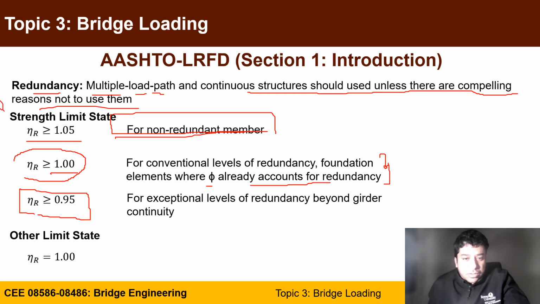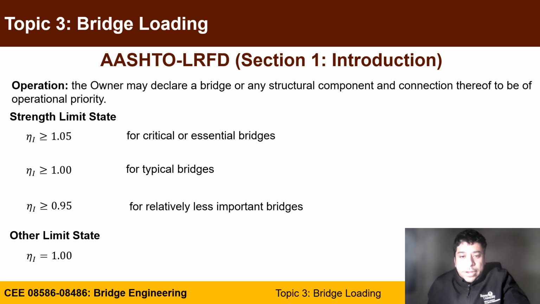This all happens in the strength limit state. For all other limit states, you just use 1. For operational importance, this is really decided by the owner, because the owner may declare a bridge or structure component to be a priority in terms of operation.